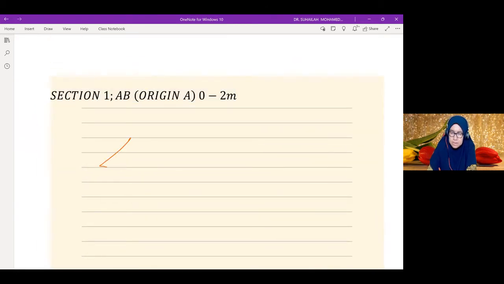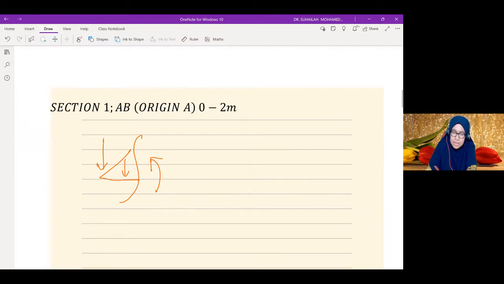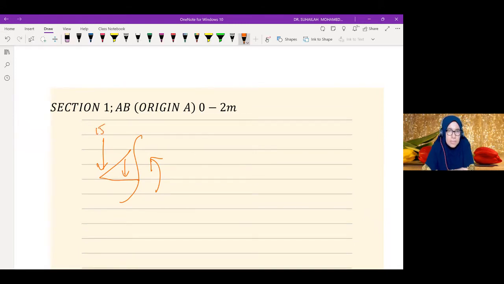It is the moment, 15. So this is 15. And don't forget to find the new W value at the cutting section. At the cutting section, we have to calculate what the value is.